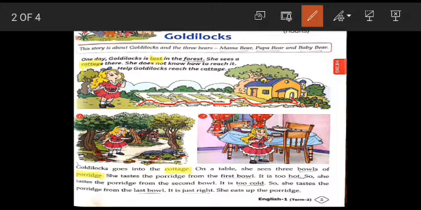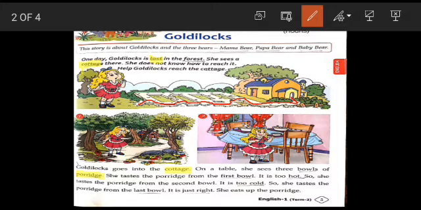The porridge from the big bowl is too hot. When Goldilocks tastes the porridge from the big bowl, it is too hot. She could not have it because it is hot.